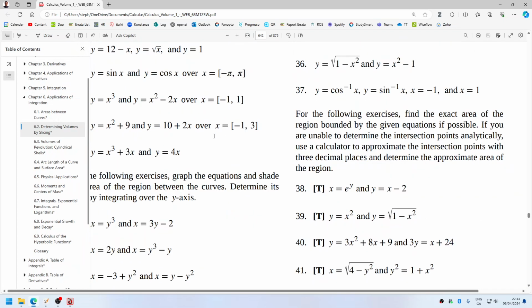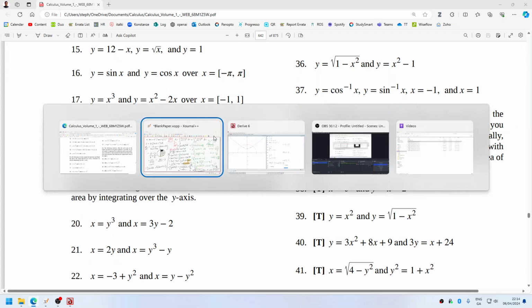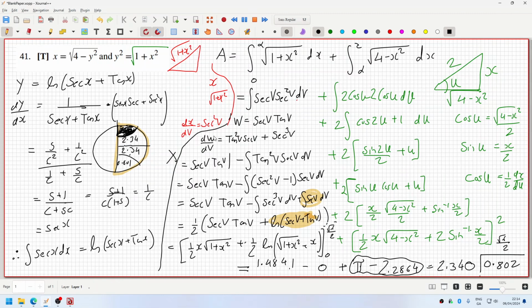For the following exercise, find the exact area of the region bounded by the given equations, if possible. If you are unable to determine the intersection, I don't know. Maybe I'll open a ticket. I suppose here. Yeah.